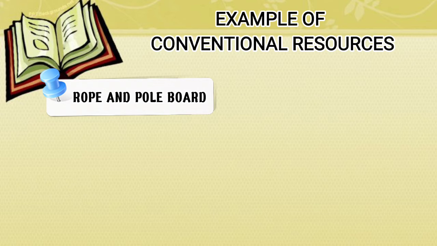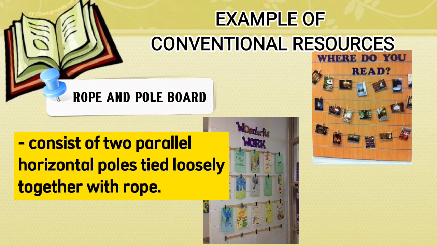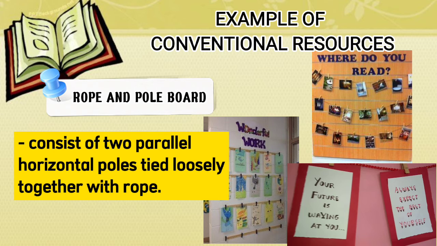Rope and pole board. This kind of display board is invaluable where there are few solid walls for displaying information. This rope and pole board consists of two parallel horizontal poles tied closely together with rope.